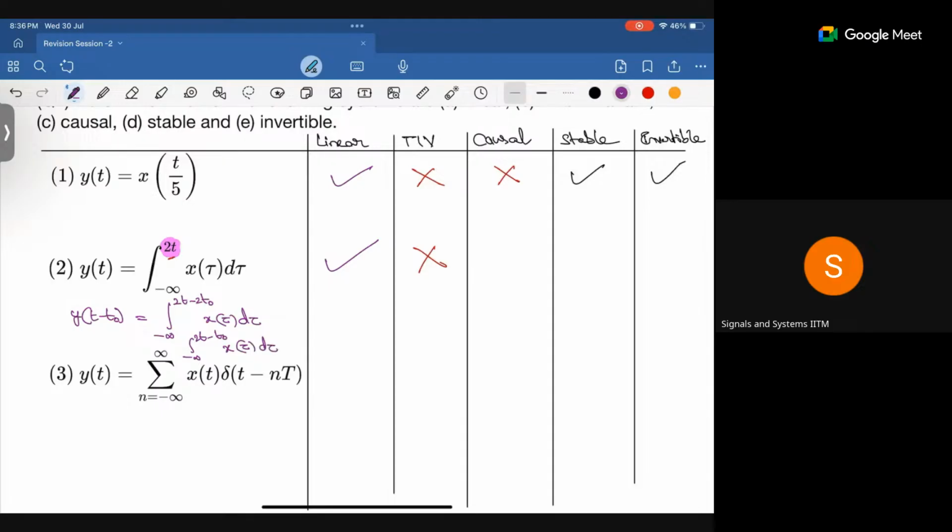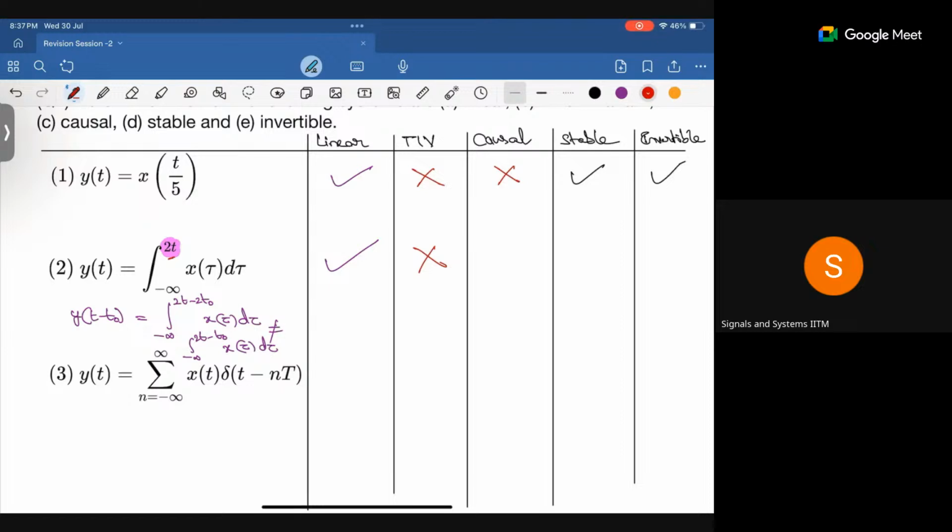You are just moving your input by t naught units, so the integral will also move by t naught units. So instead of 2t, it will just be delayed by t naught units. These both are not equal. I hope you get this sense. If you have any doubt, please do ask me. Don't stay silent now and suffer in the exam. That's the difference. A delayed input doesn't provide us the delayed output. Therefore, it is not time invariant.